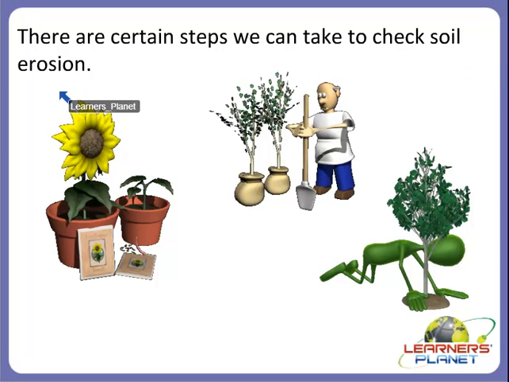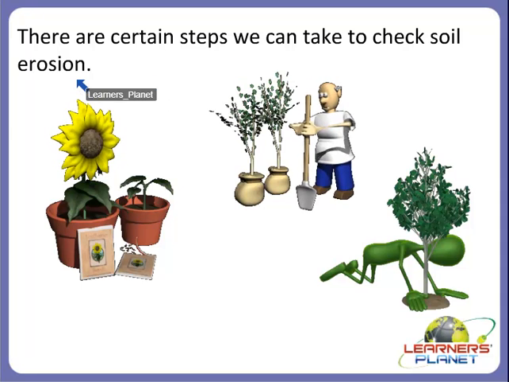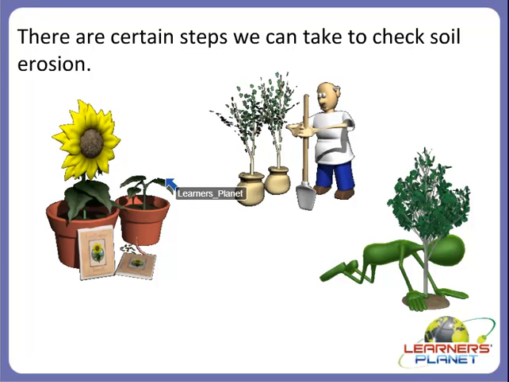So we will follow some steps to check soil erosion, and we can help and protect the soil. So children, let's see some of the steps through which we can check soil erosion.